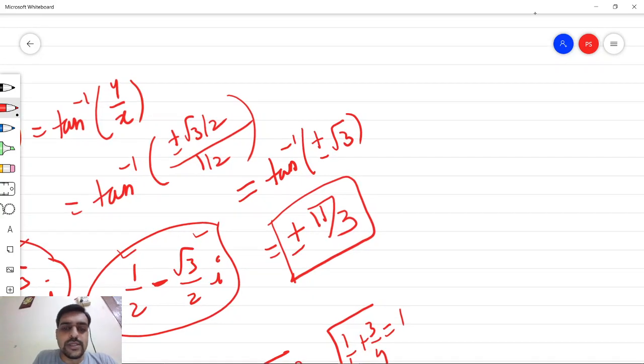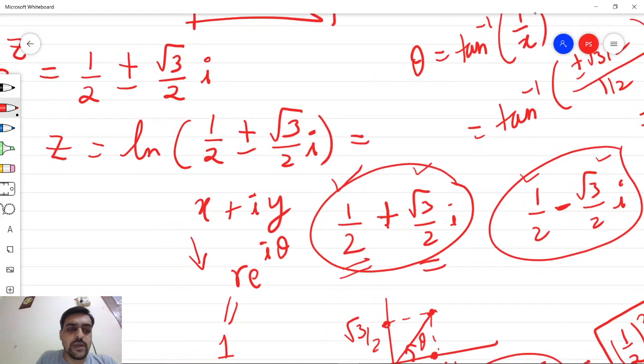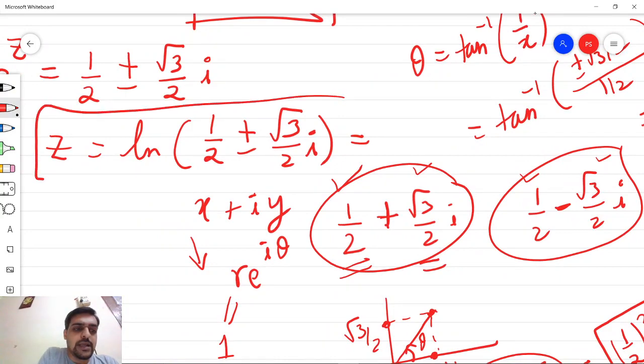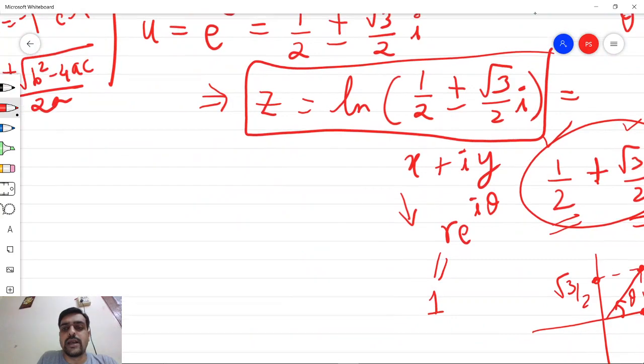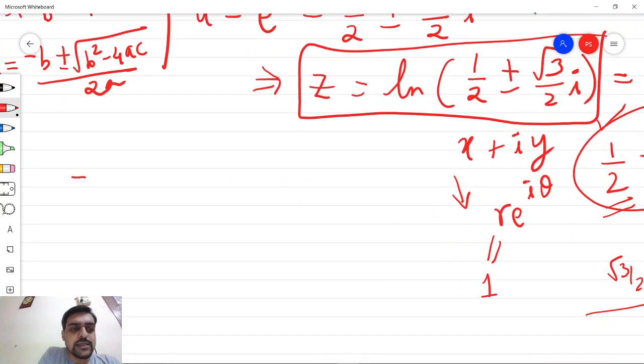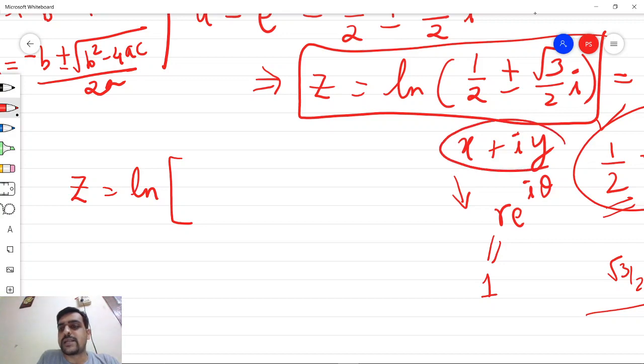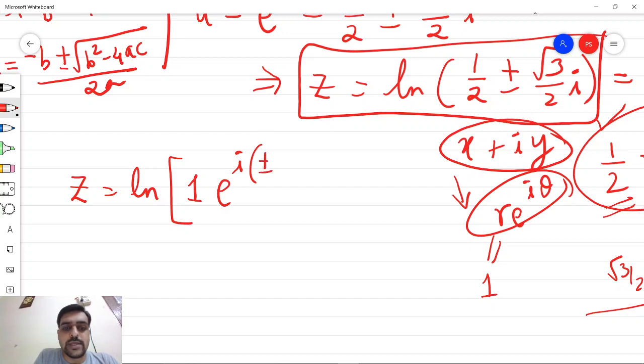So the original complex number, which was mentioned here as z equal to log of half plus or minus root 3i, can now be written as z equal to log of, instead of this x plus iy form, let us introduce r e raised to I theta form. So we get log of 1 e raised to I, theta is plus or minus pi by 3 plus 2n pi.